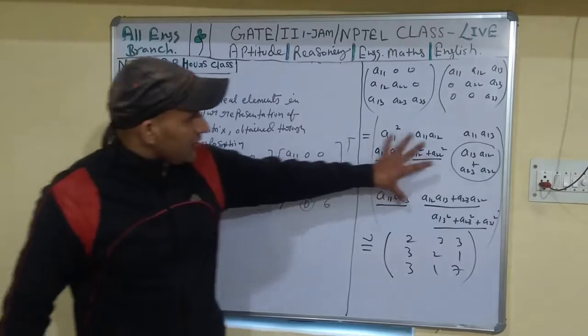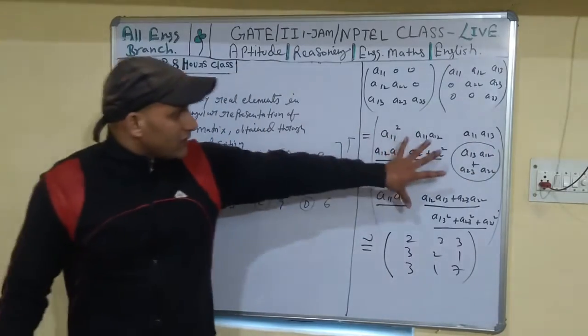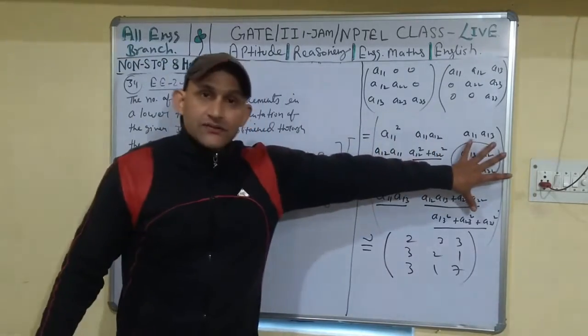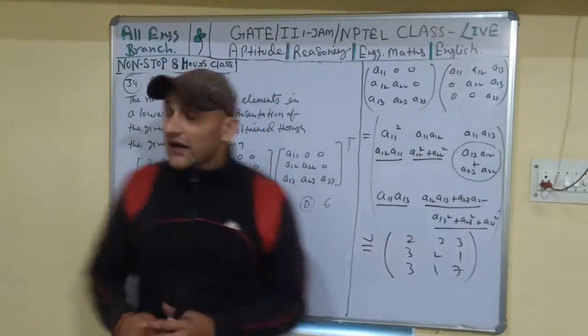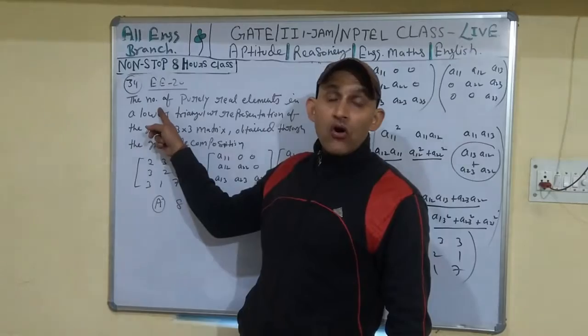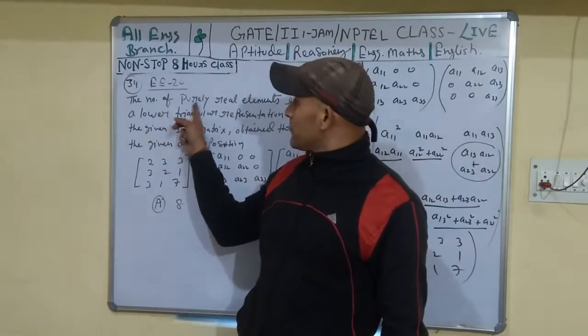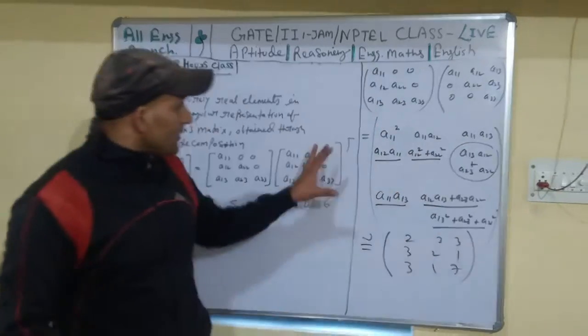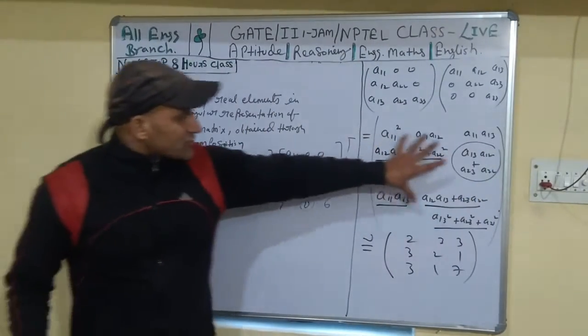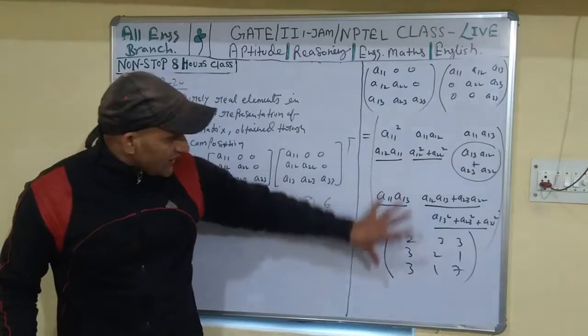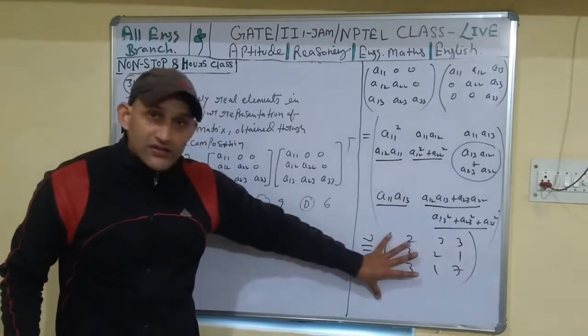He is not asking how many elements there are. Just listen, he has not asked how many minimum or maximum number of purely real elements. He has not asked. So after decomposition, this is equivalent to this.